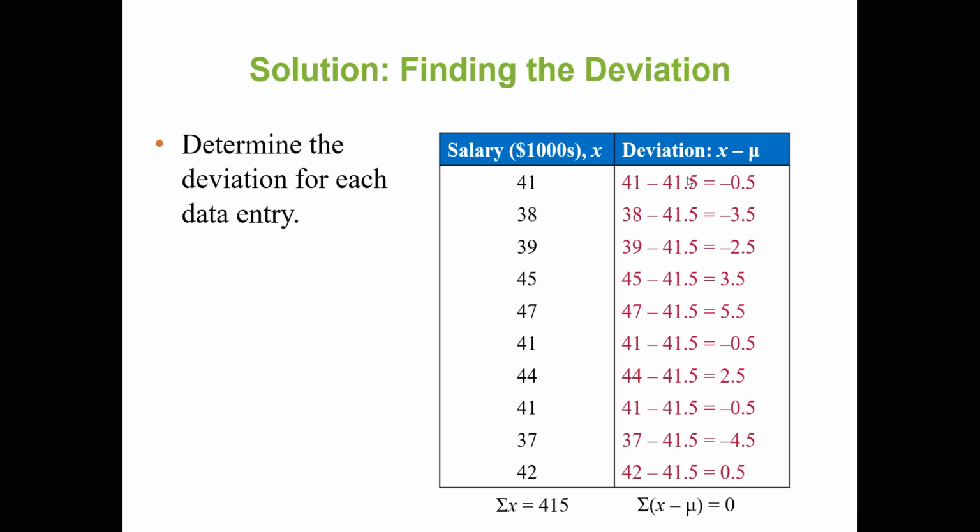So 41 minus the mean value gives you a deviation of negative 0.5, and here you have the different deviations. You are just looking at the difference, how the value deviates from that central value, which is 41.5.